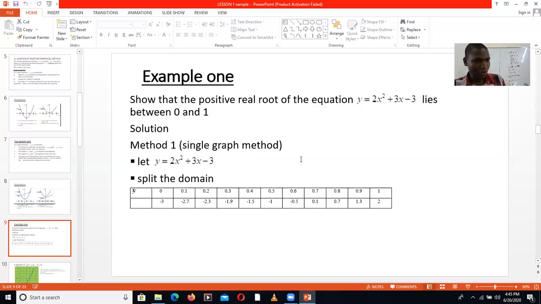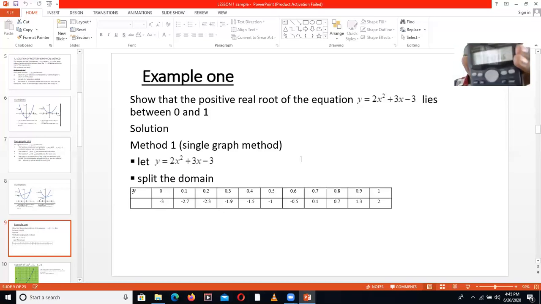It is 2 alpha x, and after that you square it, you have something like this. And then plus 3x, 3 alpha x. When you want x, x is in purple, so you have to use the alpha. And then minus 3. Then you say calculate.